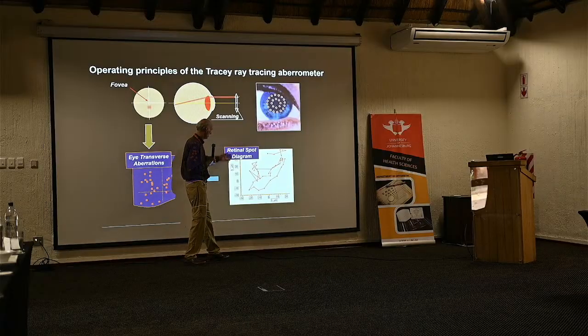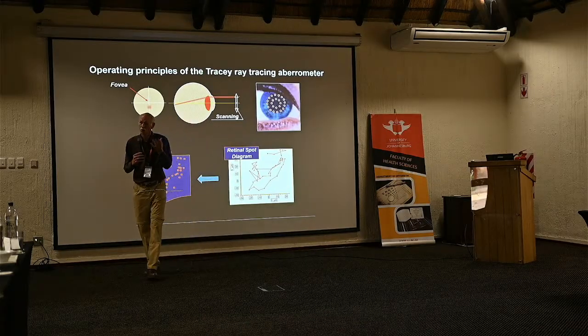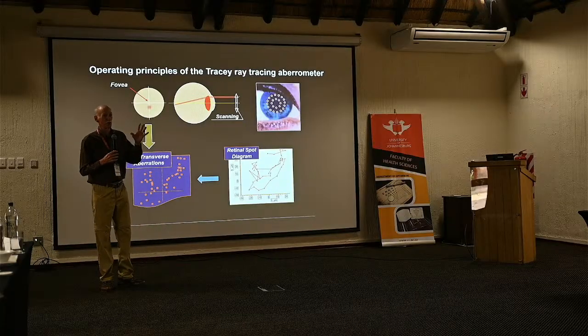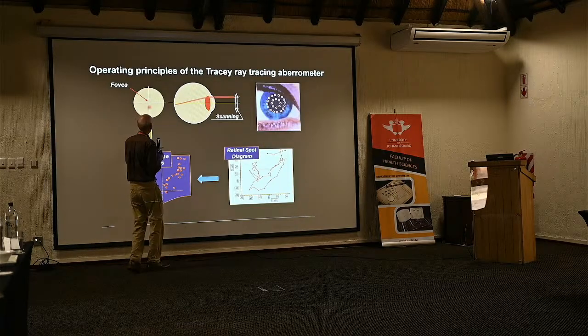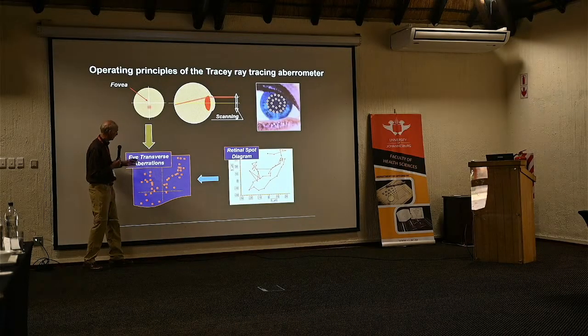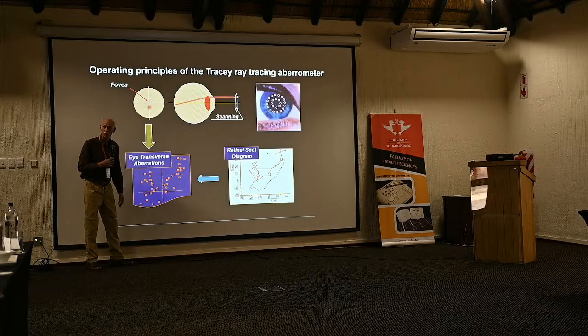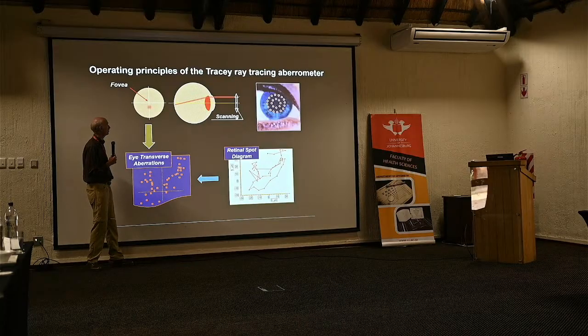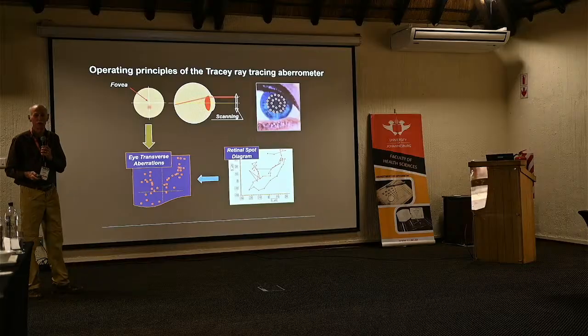If you want to calibrate these axes, these are listed here in microns, because that's the kind of retinal distance. But remember, each micron's worth a certain amount of an angle, and forget the actual calibration, but if your camera is well calibrated for angles, then you end up with a measure of the eye's transverse aberrations as a function of angle in both x and y. And that's the slope. That's the wavefront slope at each point of the entry beam of that laser beam.